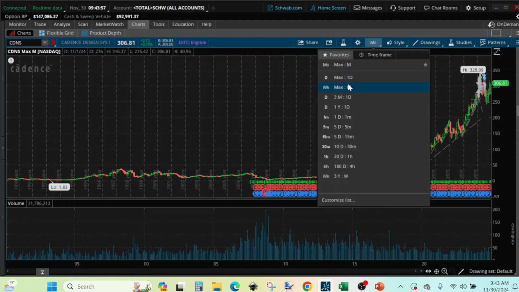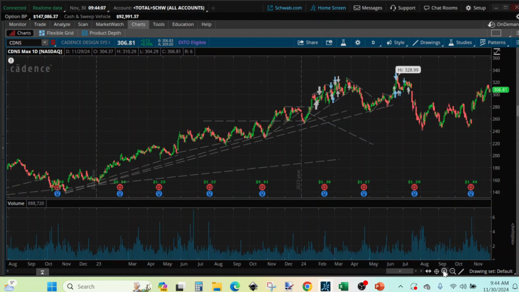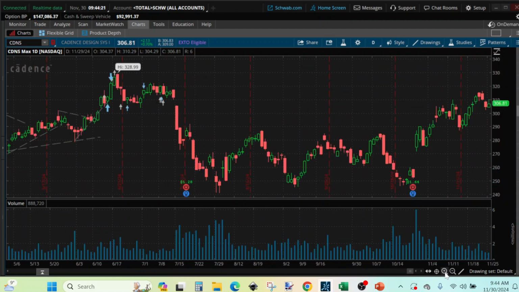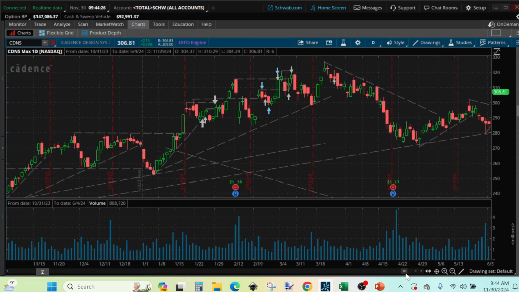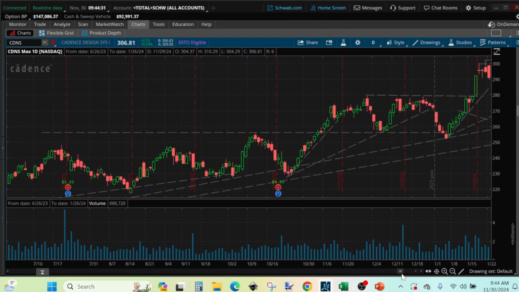So now you will go to the maximum daily chart and you will practice chart analysis. We want to be at January 2024 here, and we want to zoom in enough that we can start with the first one here.